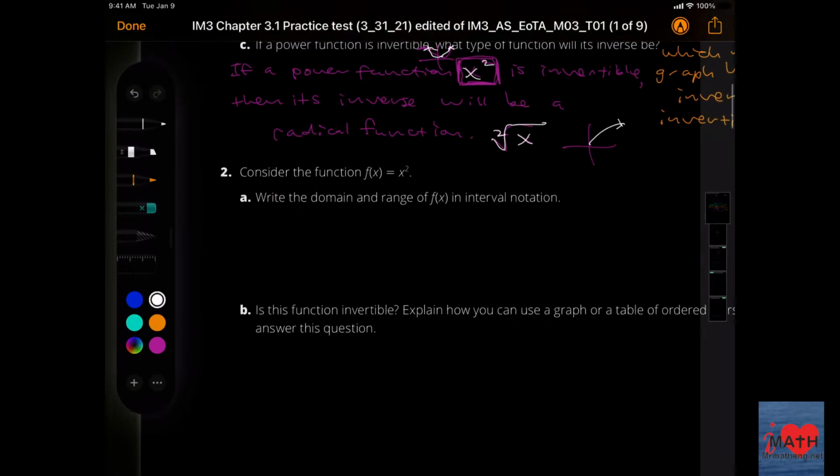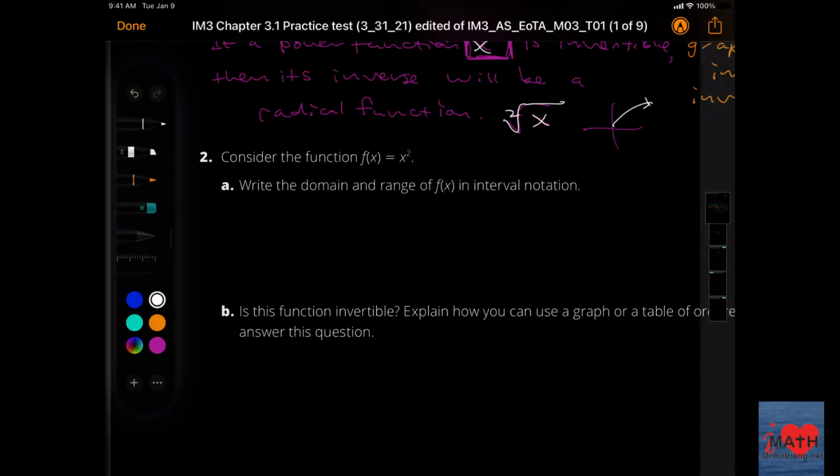Okay, let's take a look at 2a now. Consider the function f of x equals x squared. So we kind of know what that is. That is the parabola. Write the domain. Okay, let's just get a new graph. Remember, domain refers to the x-axis, and I like to say that you go from left to right.